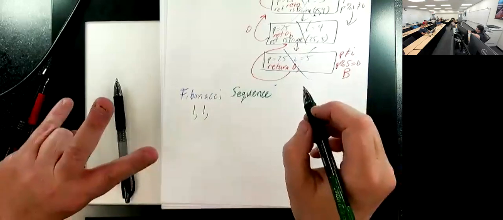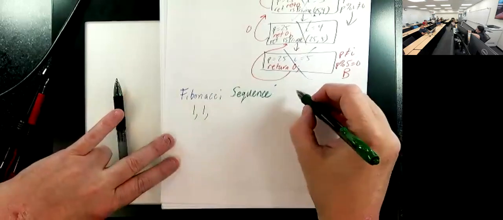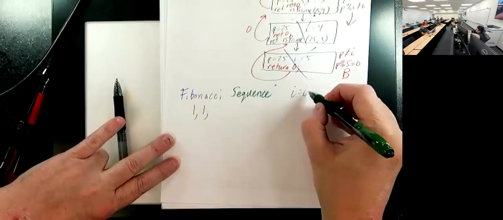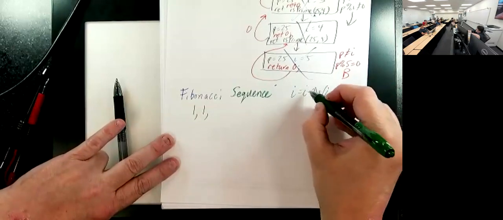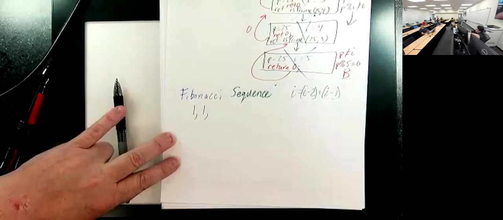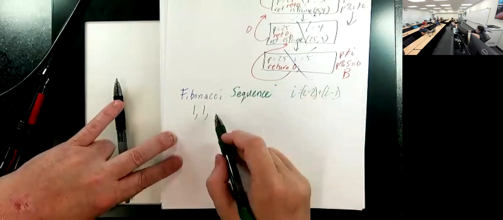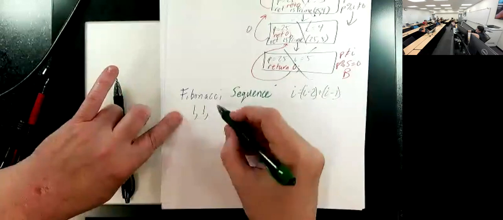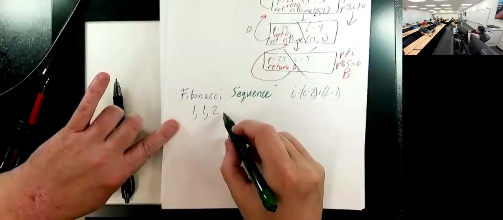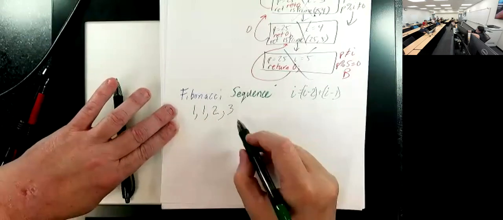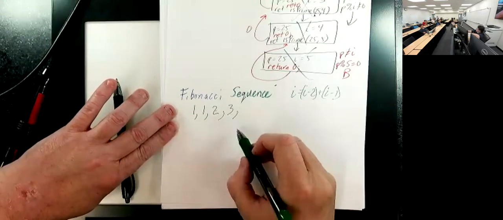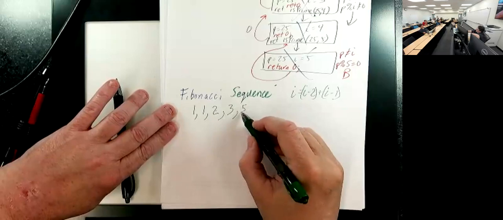Once you have the first two numbers, it's now i equals i minus 2 plus i minus 1. So the third number equals the second number plus the first number. The fourth number equals the third number plus the second number. You're basically adding the last two numbers to generate the next one.